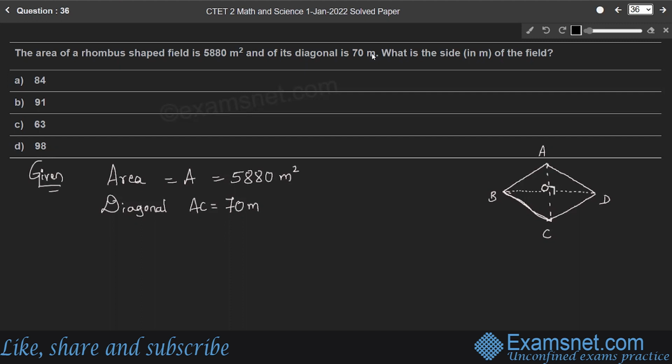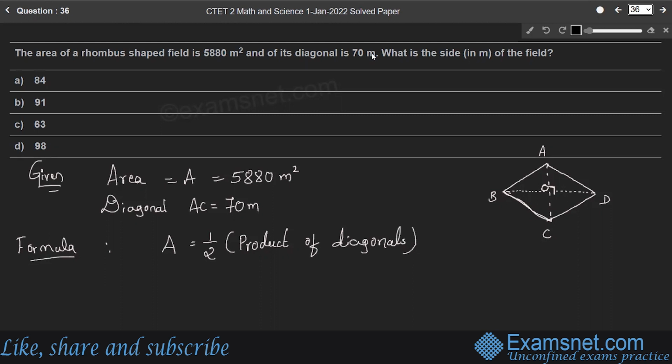Okay, so come to the formula used. The area of a rhombus A is equal to half into the product of its diagonals.